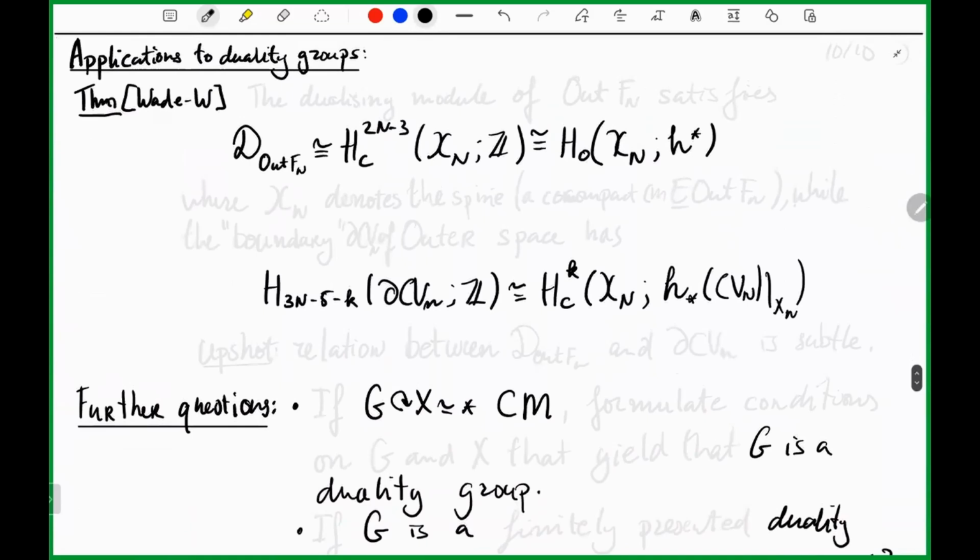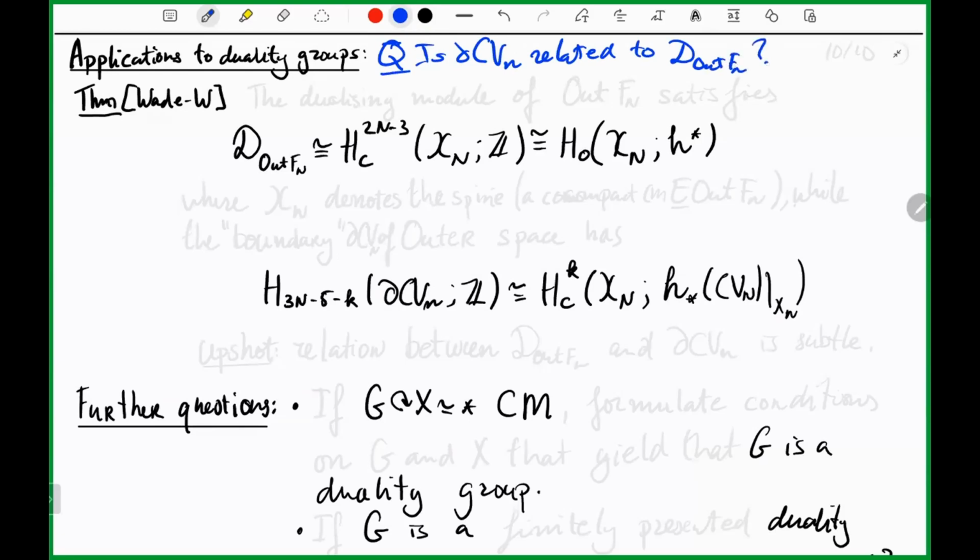Okay. So a bit about applications and further directions. One kind of question or intuition that people have is whether the boundary of Culler-Vogtmann outer space is somehow related to the dualizing module for Out(F_n).